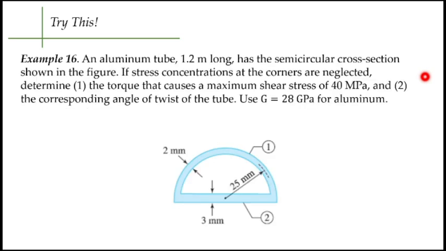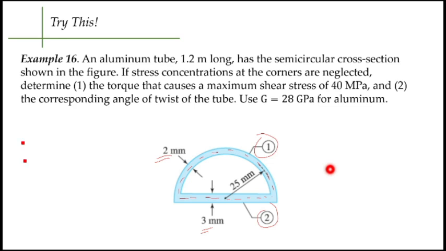Let's do this example. We have two thicknesses, the 2 mm thickness and the 3 mm thickness. So thickness 1 and thickness 2. Now, each individual thickness has its own median line. For our 3 mm, this is its median line. And then for the 2 mm thickness, this is its median line.